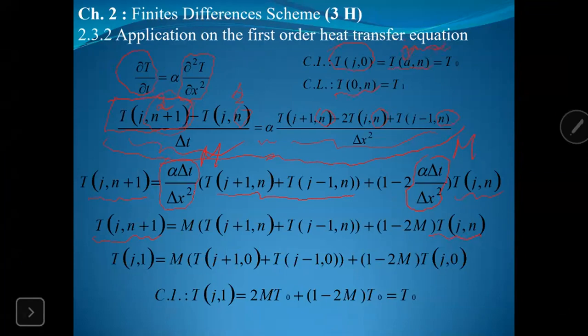Then if I put here, we have n plus 1. If I put n equal 0, what do I have? You are following me, right? Okay, T j 1 equal: j plus 1 n becomes T j plus 1 0, j minus 1 n becomes T j minus 1 0, T j n equal T j 0.